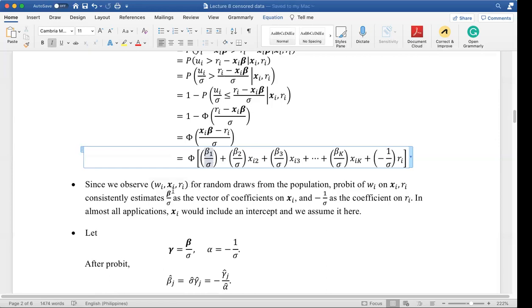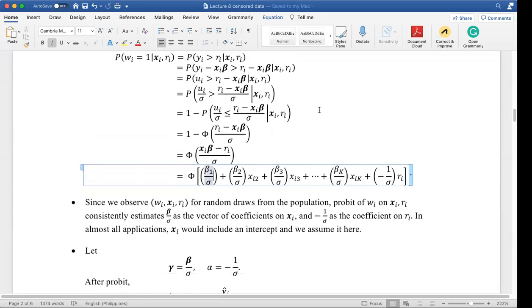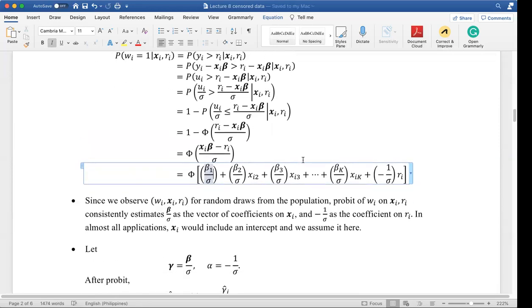Since we observe this data for random draws from the population, how do we estimate the model? We can do probit of W sub I on X sub I and R sub I. So we do probit.